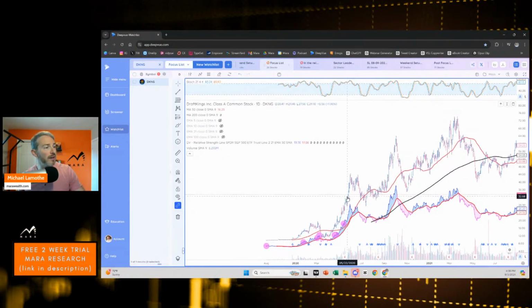So you see over here where price is running up, and then it starts to consolidate over here and it pulls back. And now it's below the 50-day moving average. That doesn't mean that all of a sudden it's stage three. You're still in stage two at that point because the 50-day moving average is still moving up.